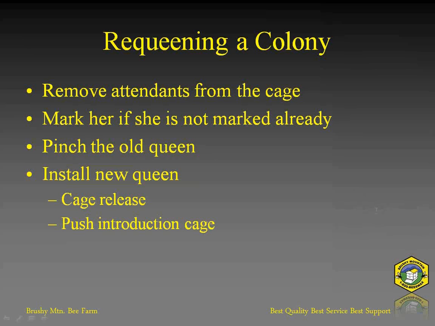Let's see. When splitting colonies, would this be a good time to requeen both hives? Will this affect the rule that the new hive should be at least 5 miles away? First off, the second part, the rule of 5 miles.